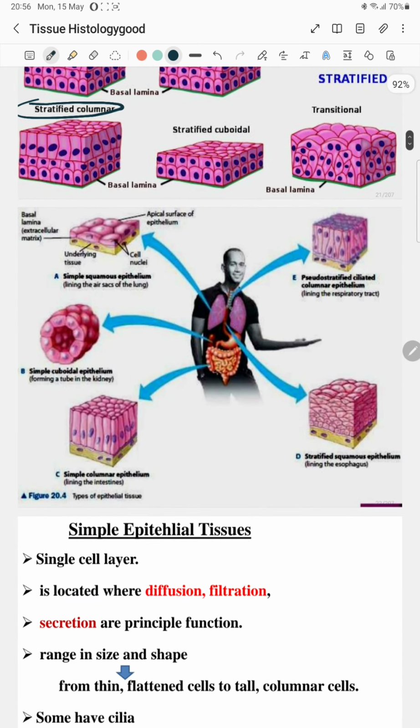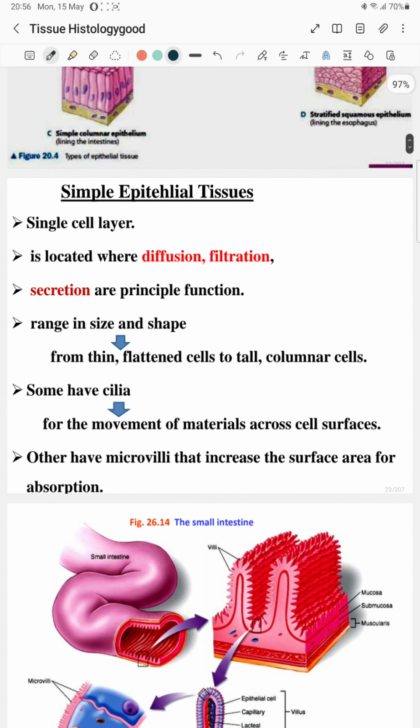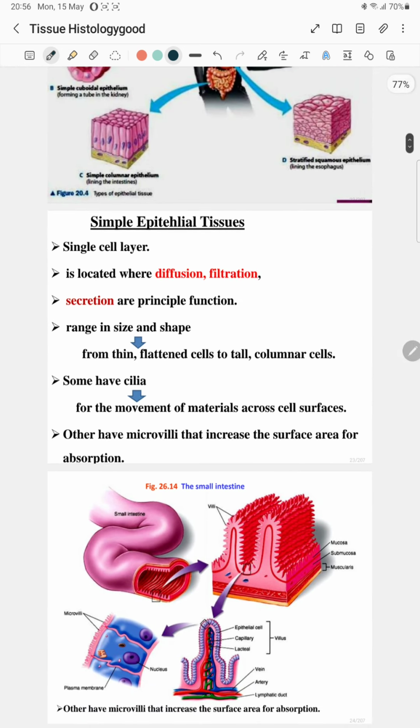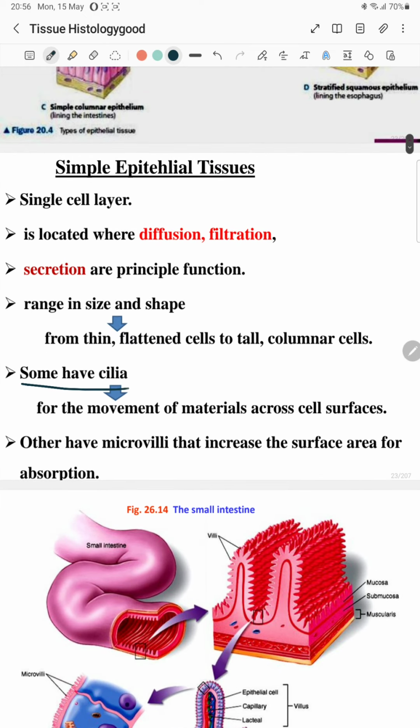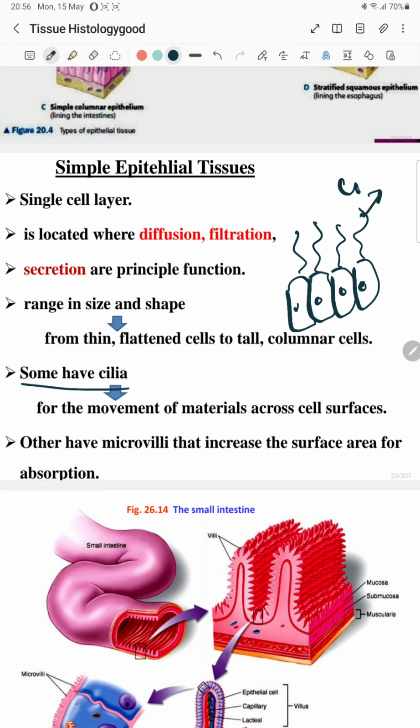So simple epithelial tissues are single layer, located where diffusion, filtration and secretion are the principal functions. They range in different kinds of shape. Some have cilia. This is very important. Suppose this is the cell, a columnar epithelial cell, column shaped, and if they have hair-like projections, these are called cilia.